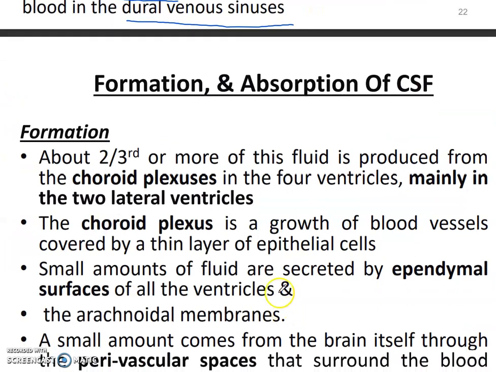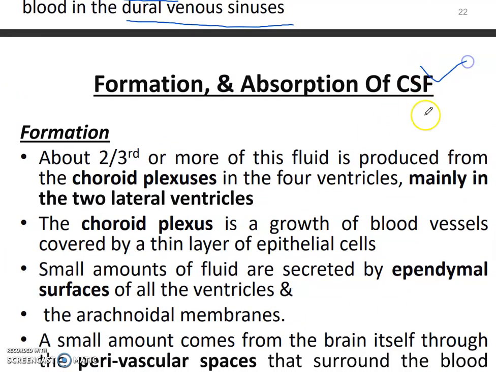So the formation and absorption of the CSF. Formation: about 2/3 or more of this fluid is produced in the choroid plexuses, which are in the ventricles. There are 4 ventricles, and it is produced mainly in the 2 lateral ventricles.